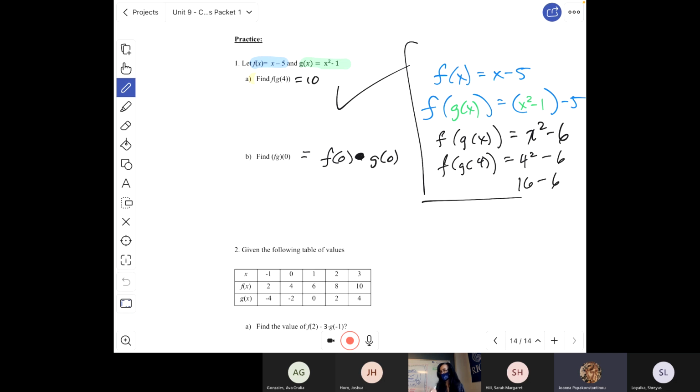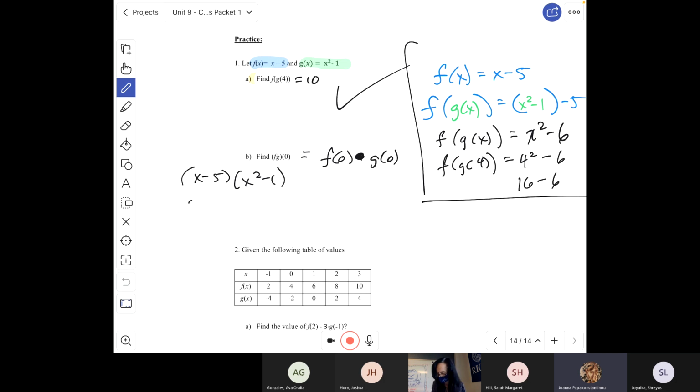So I can substitute in 0 for f, 0 for g, and then multiply those two numbers together. Or I could multiply f times g and substitute in 0 for x. Either way. So let's do f times g.